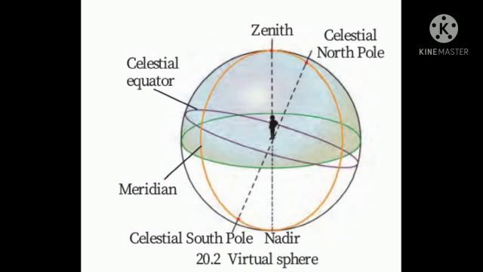Celestial equator. If Earth's equator is expanded indefinitely, it penetrates the celestial sphere along a circle. This circle is called the celestial equator. It is in the same plane as Earth's equator.